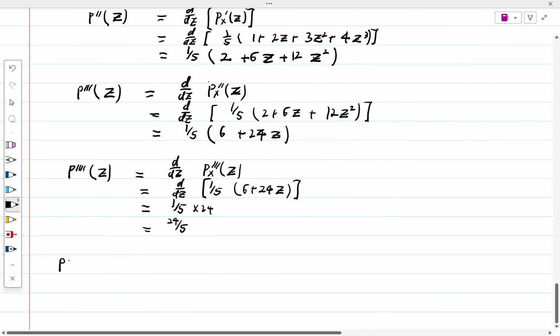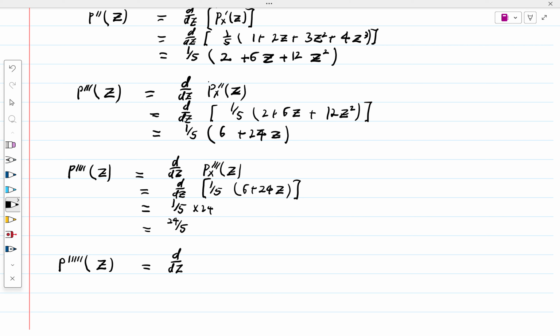If we were to take the fifth derivative of the PGF, this would be the derivative of the fourth derivative, right? Which in this case is d/dz of a constant, 24/5, which is 0.